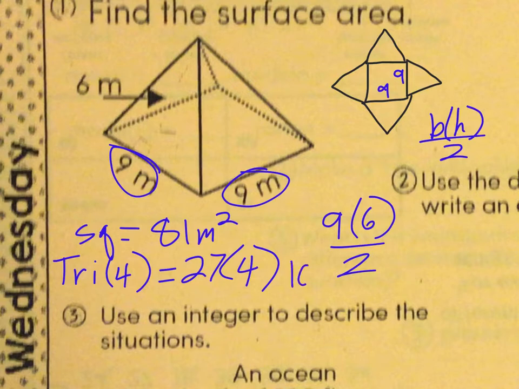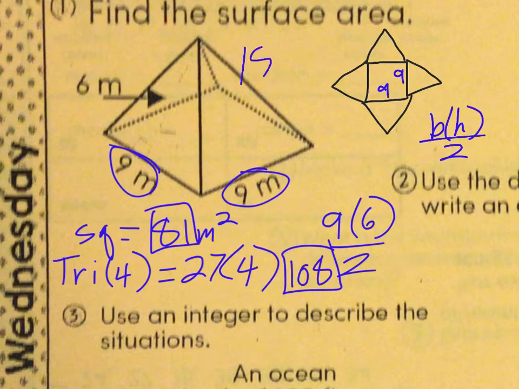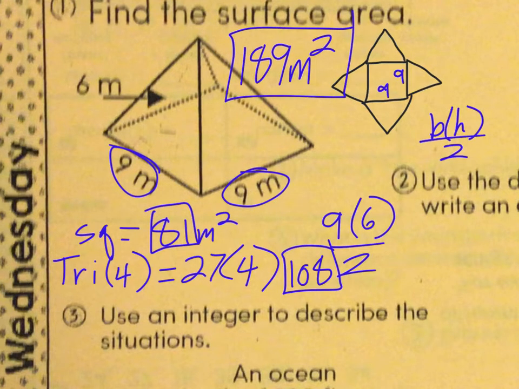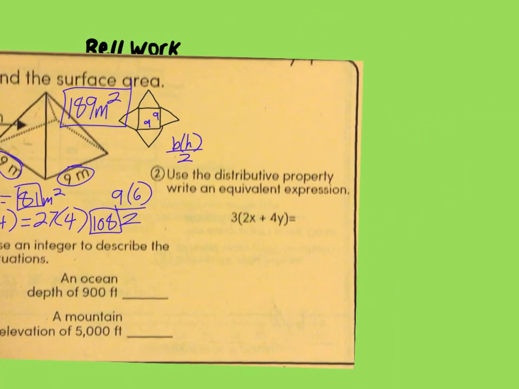So this is 108, and this is 81. Now let's add them together, plus 81, and we get 189 meters squared. Again, just a reminder, a surface area means that we're finding the area of all surfaces and adding them together.